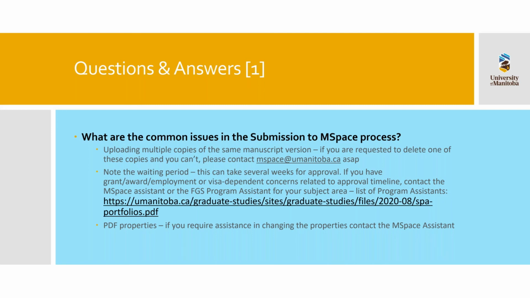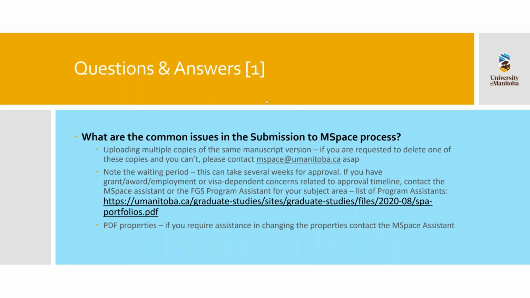And regarding the waiting period, Wendy, did you just want to turn your mic on and talk to this one briefly? Yeah, so there will be a bit of a waiting period between the time that you submit your thesis to MSpace and the time that the Faculty of Graduate Studies checks and approves your thesis submission. During that time, if you go into MSpace and check, it'll say awaiting editor's attention.